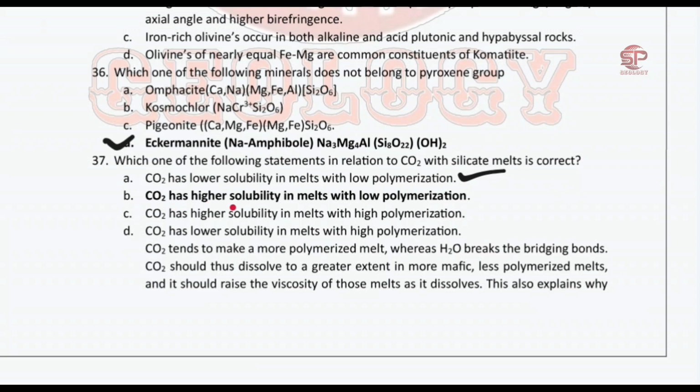That's why CO2 will have higher solubility in melts with low polymerization, which is the opposite in the case of H2O. H2O has higher solubility in highly polymerized rock or melt. You can find it in the Winter book: the effect of carbon dioxide, water, and pressure in the binary phase diagram.